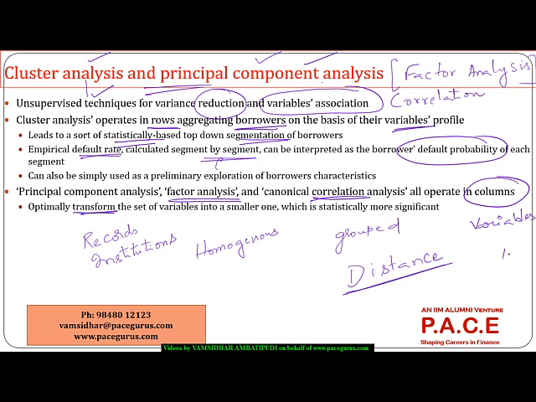If I have 10 variables, they might group them and reduce them to 3, 4 or 5 variables which are more statistically significant. So they are doing a dimension reduction of the problem. That's how these two mechanisms help us in assessing the probabilities of default and play a role in credit risk management quite effectively.